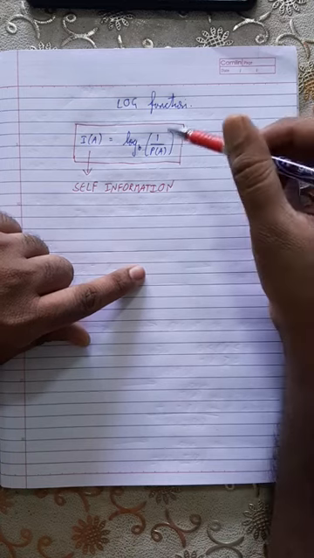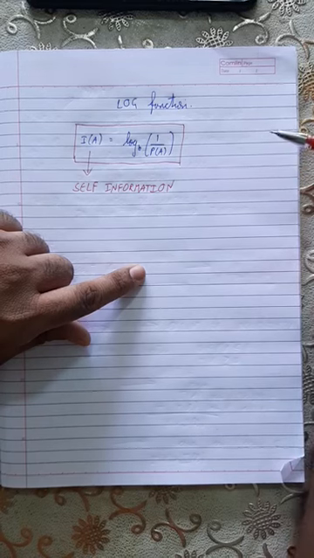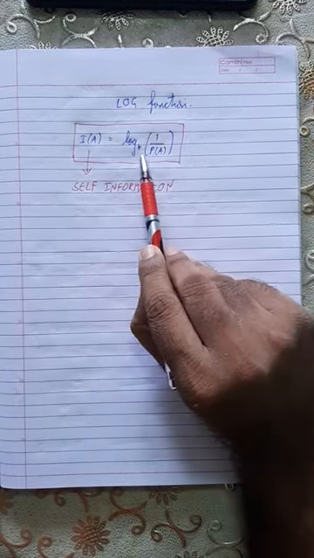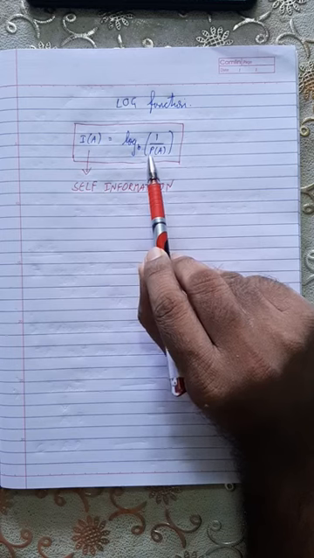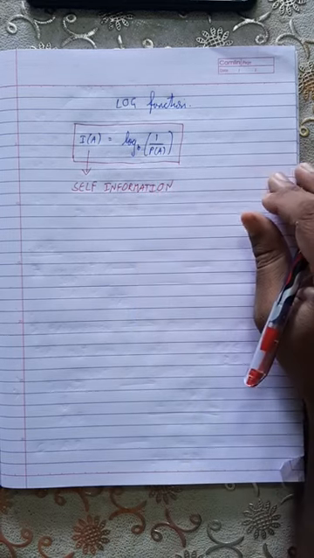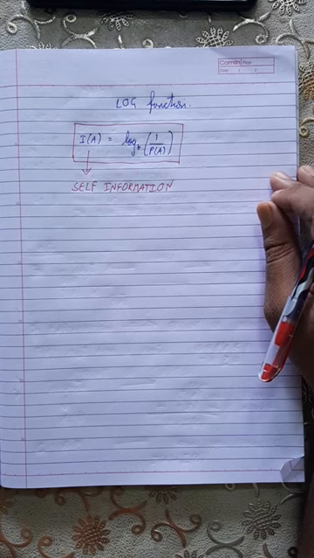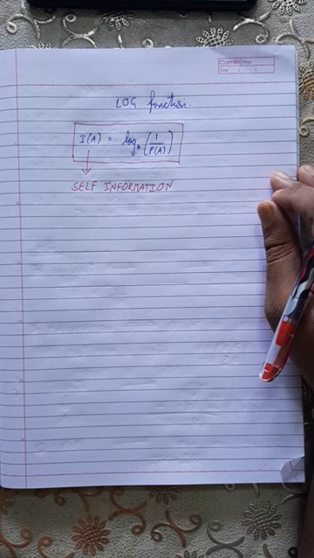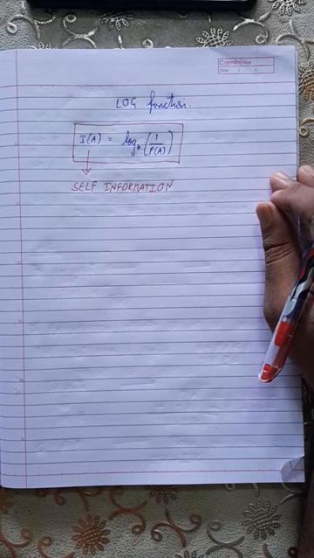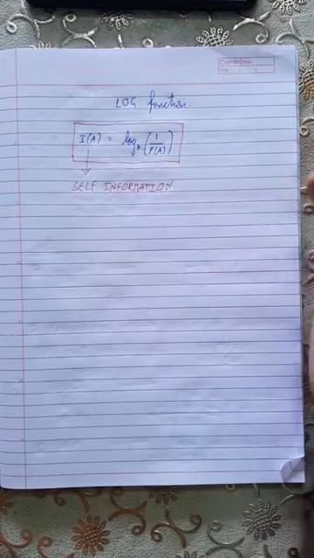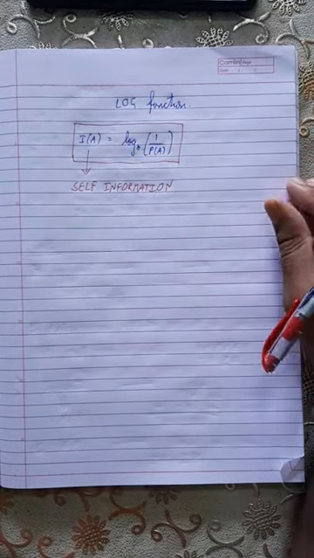And it is given by log of 1 by P of A. Here you have to understand that log of a function does not mean that the base is always 10. The base can be 2, or 3, or 4, or 10, or it can be a natural log. Natural log means the base will be equal to e, the exponential constant.